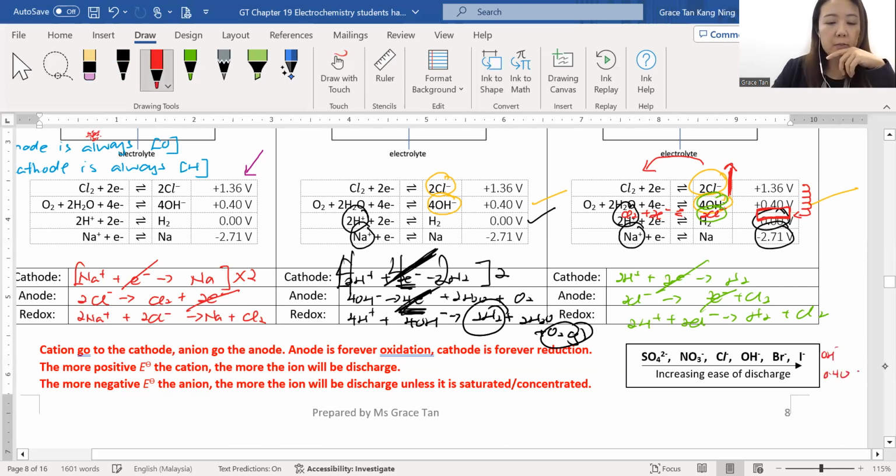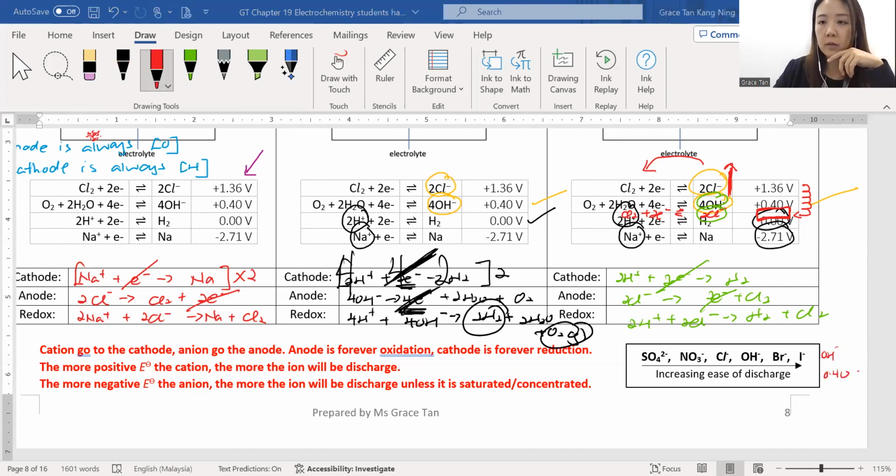Now, if I'm not mistaken, I will just quickly have a look at what is iodide. So to complete the whole story here, for iodide, iodine is... just give me a moment.